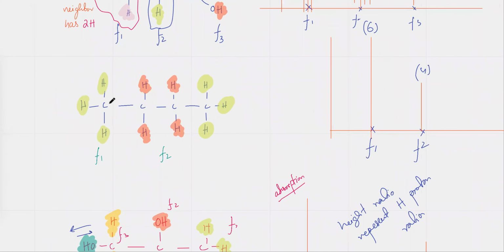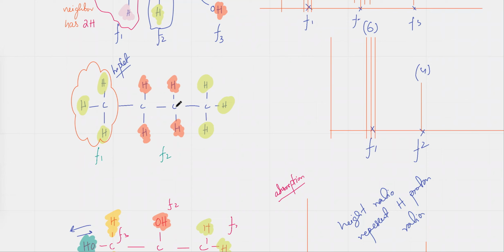Let's also have a look at this one. The CH3 over here, how many neighbors does it have? It's got 2 hydrogens on the immediate carbon atom next door, which is why it's going to be a triplet peak. So this big peak over here is going to be split into 3 peaks. What about these hydrogens over here?